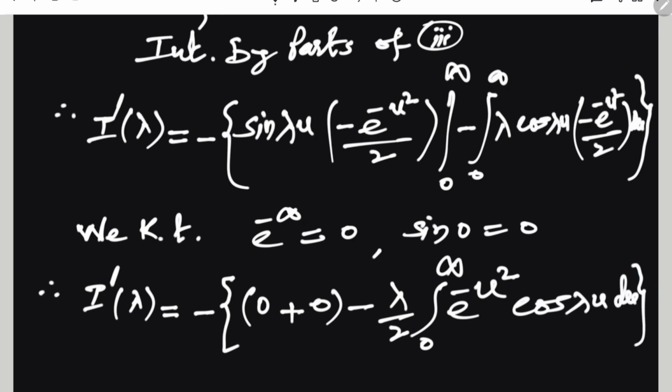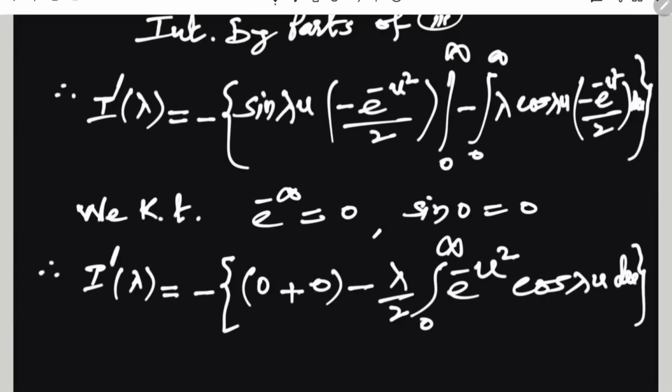This is nothing but I of λ. Multiplying by that minus sign, we get that term as minus λ by 2 into I of λ. This term is nothing but integral I of λ.